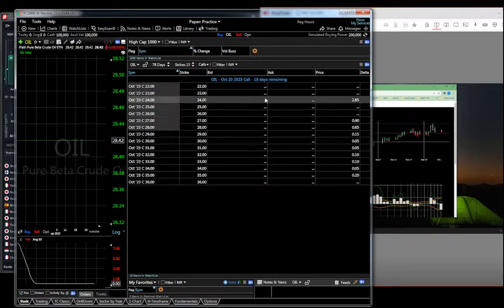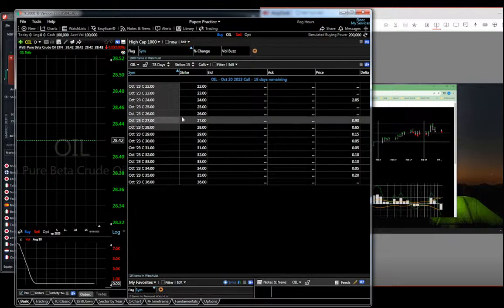There is the ETF, and it's 78 days out. It's an oil ETF. And it's trading, let's see, where is it at? It's trading at $28.42. Pure beta crude oil.